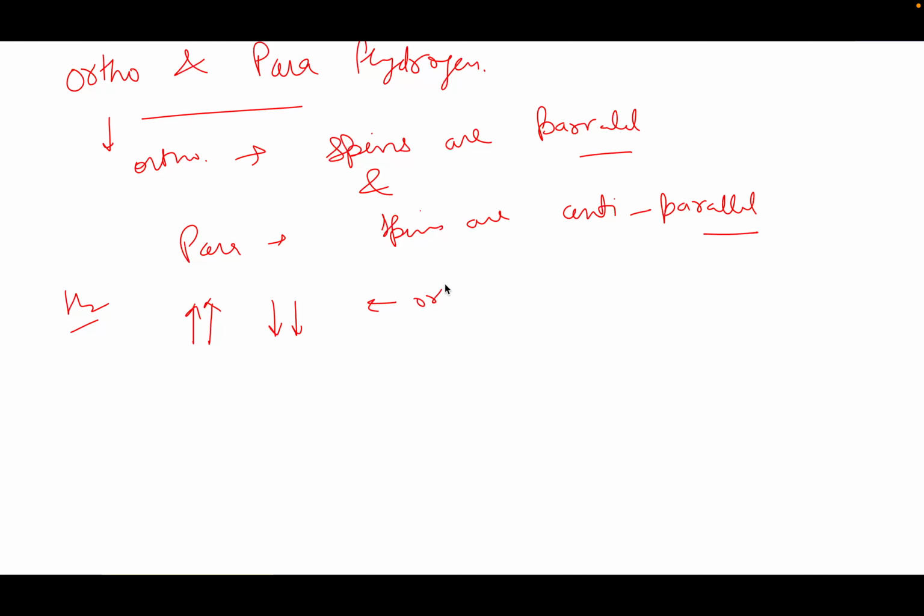This is for ortho. Or they can have spin up down or down up. This is for para. For ortho, I is equal to half plus half, that is 1, and for para, I is equal to 0. Spin quantum number I is equal to 1 for ortho and 0 for para.